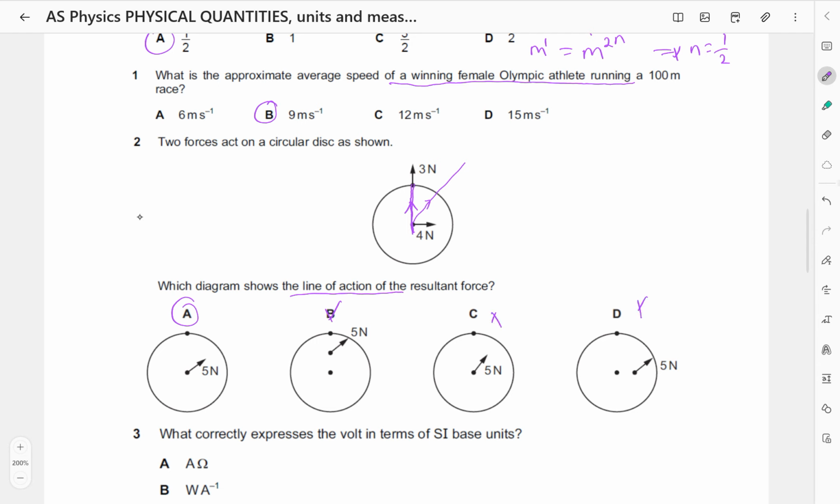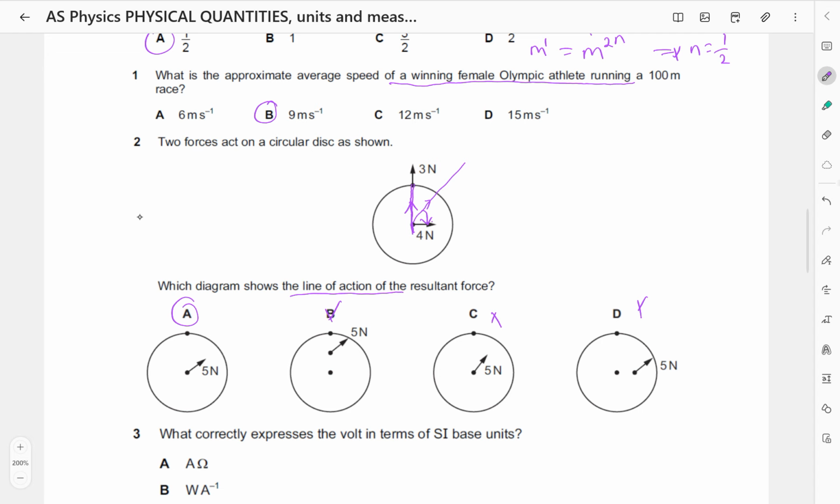Why? This line should be closer to 4 newtons than it is to 3 newtons, because this force is bigger than the other one. If the center here is the turning point, 4 newtons will have no moment anyway, but is pulling the disk in this direction, and 3 newtons is pulling the disk vertically upward. So the resultant should be somewhere in between these two. That's why D is automatically wrong.